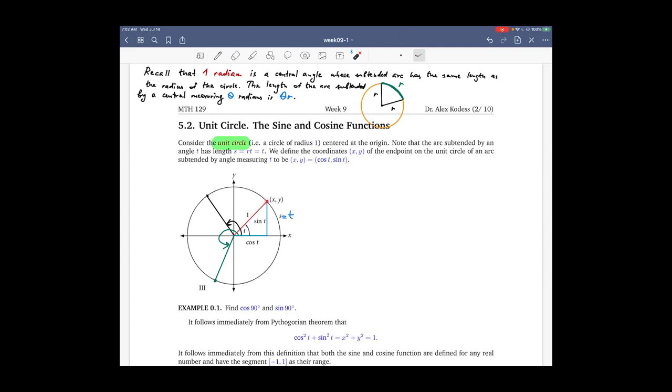And with every such point along the unit circle that has coordinates x and y, we associate two numbers. We associate two functions. More precisely, say we have a point with coordinates x, y on the circle, which corresponds to angle t, measured as always from the positive direction of the x-axis.